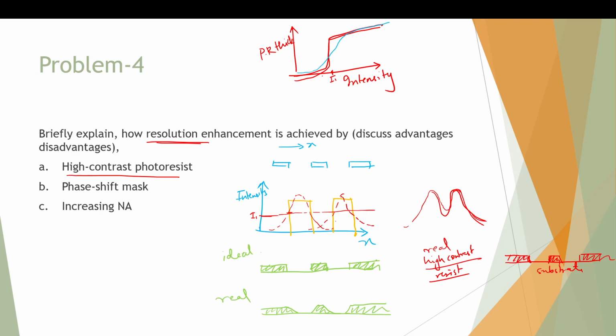Now if my I1 is somewhere here, some portion will still not be exposed in case of high contrast resist. If it was low contrast, the resist profile would look something like this, but in case of high contrast it will look like this. That is the difference it creates by having a better contrast. So that was about high contrast photoresist.